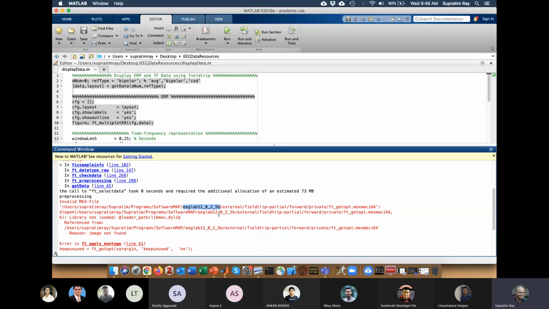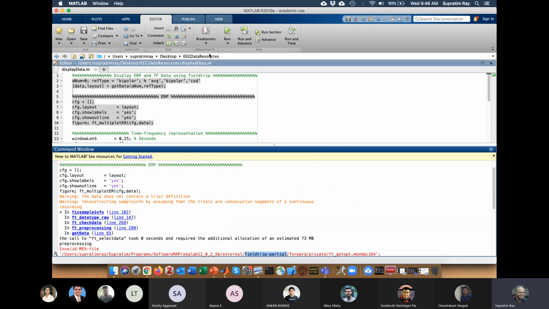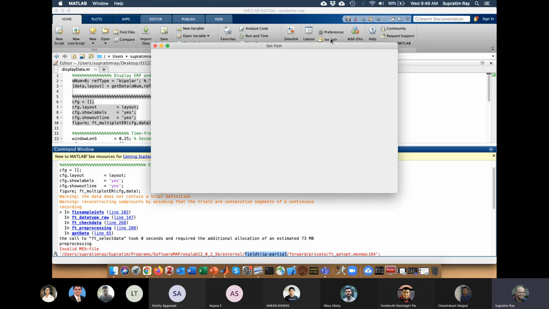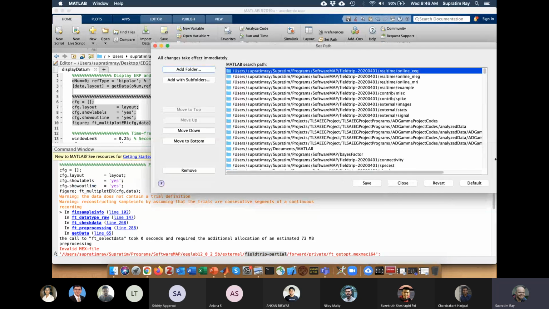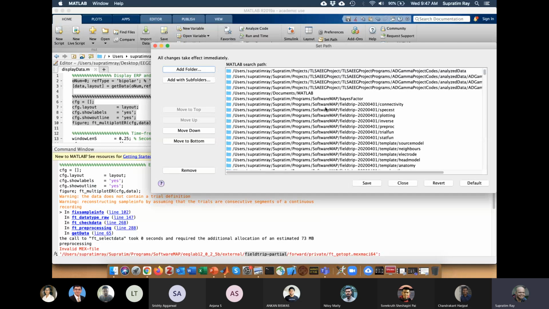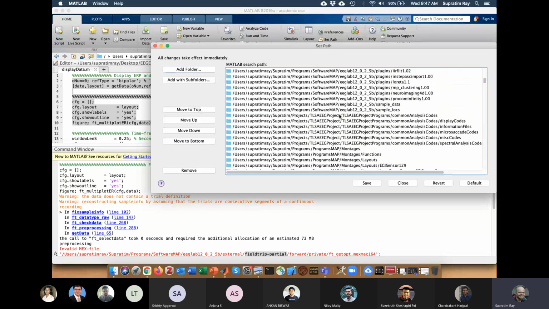Yeah. So there's another software called EEGLAB, which I'm using right now for something else. And that also has a FieldTrip portion. So there is some conflict between the two. So when you are running this, make sure both are not installed at the same time. This leads to some problem. Okay, so here I have FieldTrip installed, but I also have EEGLAB, and that's what it doesn't like.